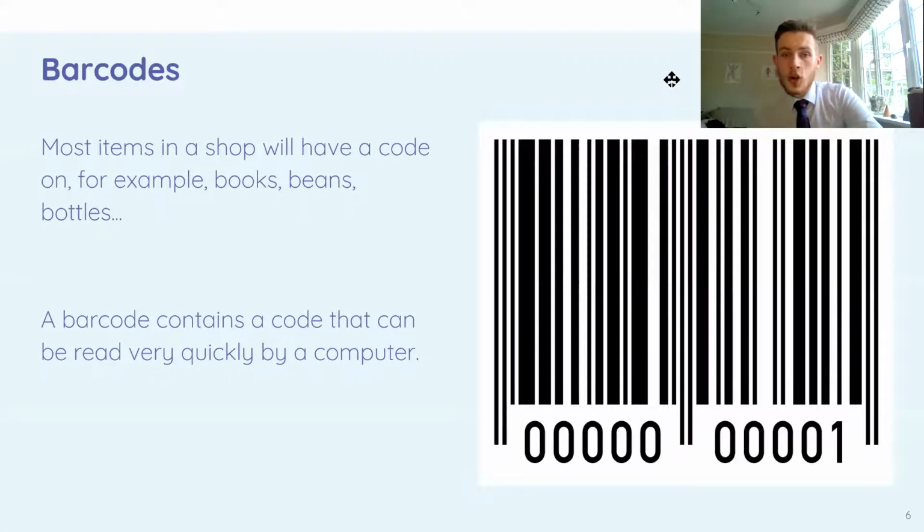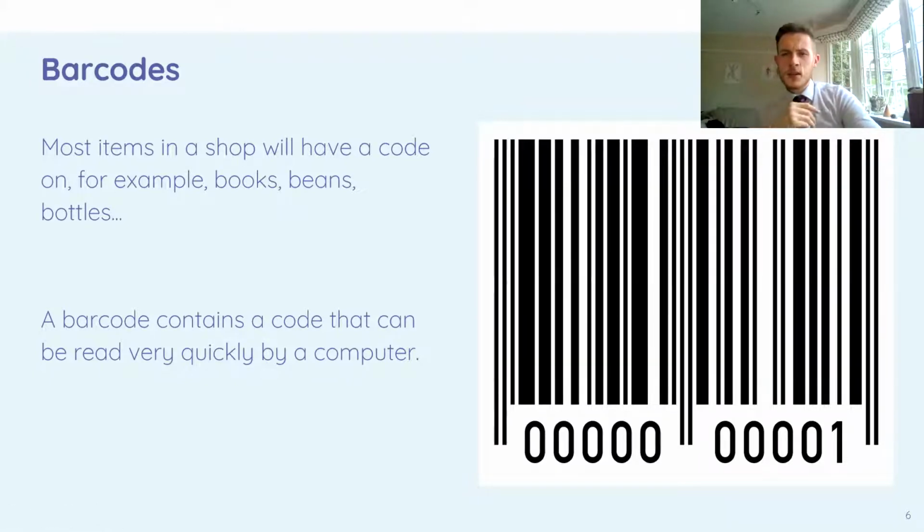Most items in a shop will have a barcode on it. So for example, your books, your beans, bottles, and a barcode is information. Now a barcode contains a code. You can see these lines correspond, which means they link to this code at the bottom. And it's a code that can be read very quickly by a computer.